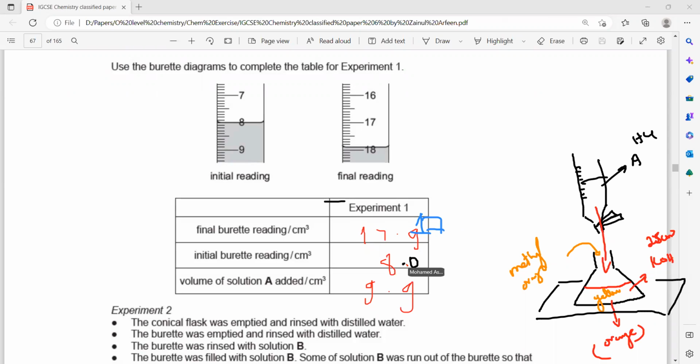Write 8.0. Why? Because it is accurate to 0.1 cm cube, so you should be precise with your reading. And then the next is 17, and when you take the difference, it is 9.9. So how much HCl is needed? We need 9.9 cm cube of HCl to react with 25 cm cube of potassium hydroxide. That is in the first experiment.